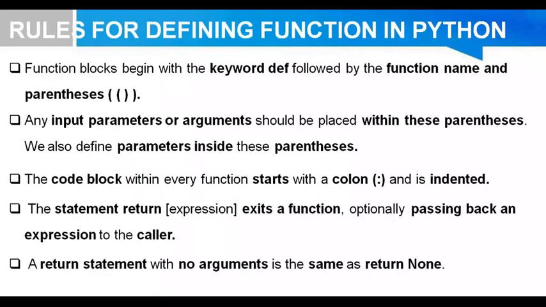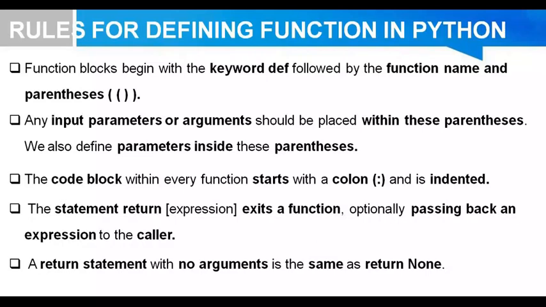Next, the rules for defining a function in Python. For defining a function, blocks begin with the keyword def. In previous languages like C++, you used void, data type, return, and the name of the function, then parentheses. Here we use the keyword def followed by the function name and the parentheses.